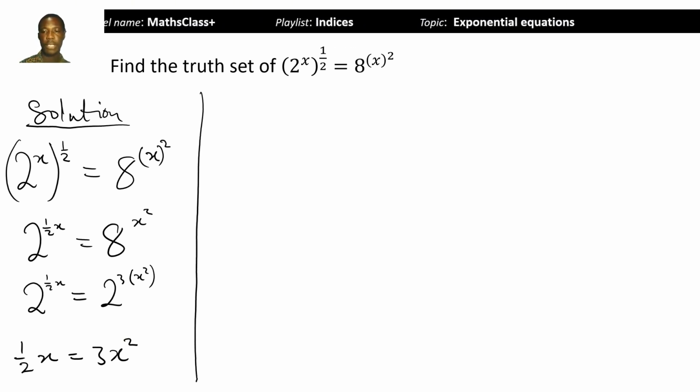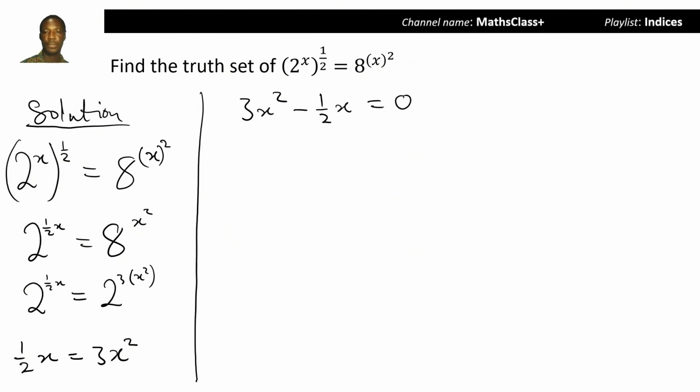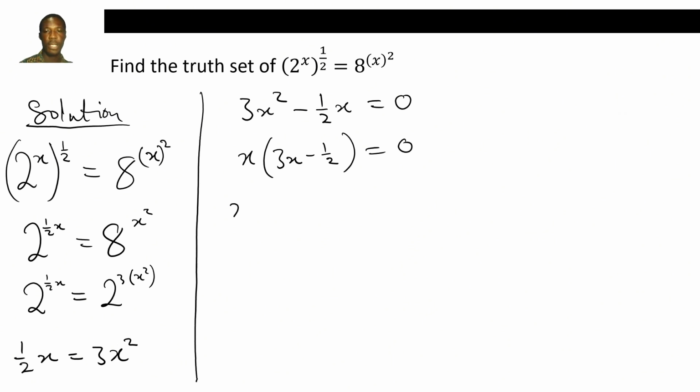So let me rewrite it as 3x squared minus half x is equal to 0. So I can factor out x and then have 3x minus half equals 0. So with this, x is equal to 0, or 3x minus half is equal to 0.